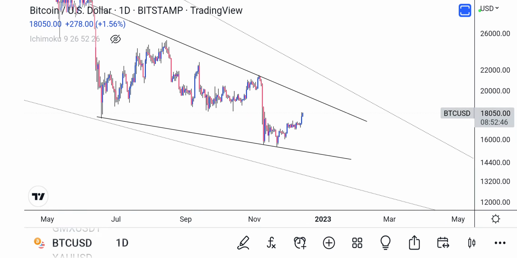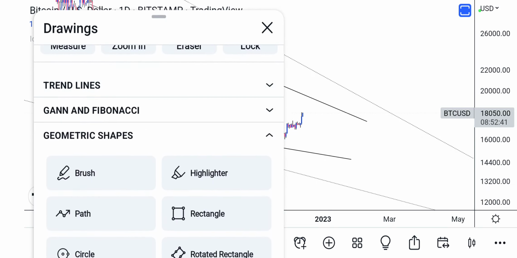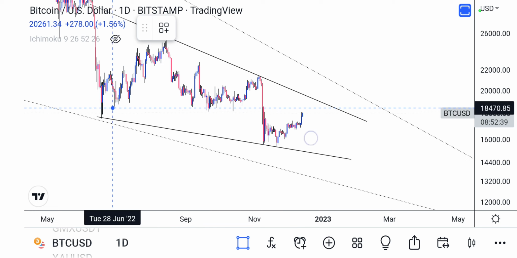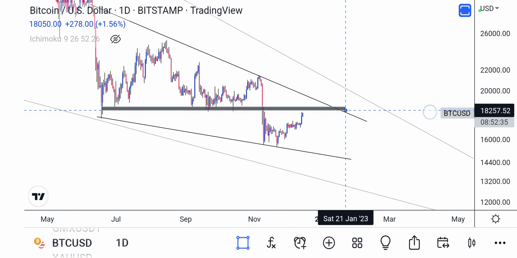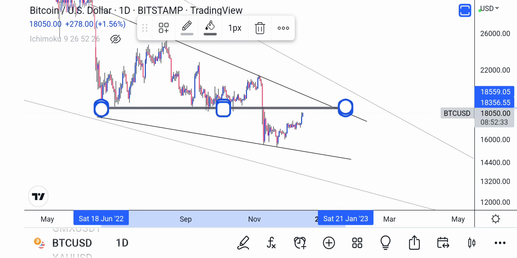So for this current move, we're looking at somewhere around here, which is what we should pay close attention to.